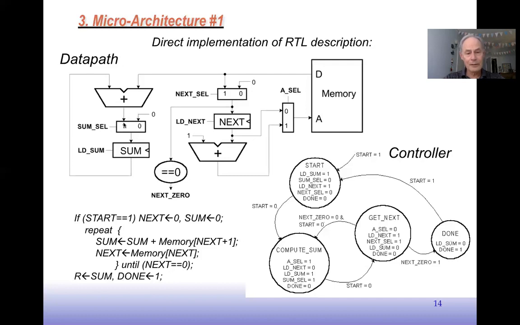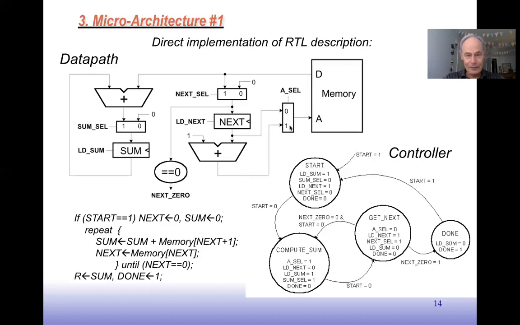On the other cycles, it's going to take the other input to the multiplexer. Okay, then we go into the loop. In the first cycle of each iteration, we're going to do sum gets sum plus memory of next plus 1. Okay, so what we have to do to execute this is next plus 1, which will be on this node here, because this is just a combinational circuit, this adder that adds 1 to next.